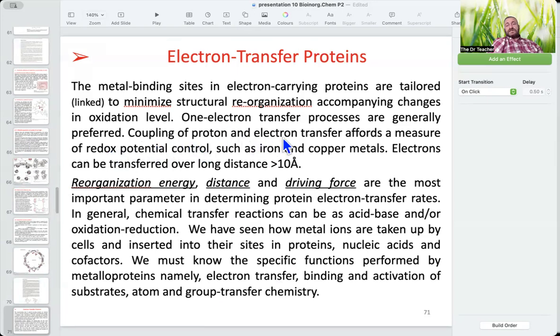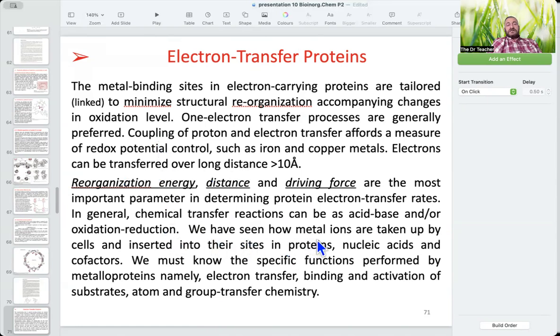Coupling of proton and electron transfer is a measure of redox potential control, such as with iron and copper metals. So electrons can be transferred over long distances, more than 10 angstrom. So this is electron transfer, which could transfer 1 electron or more. This is for stability.